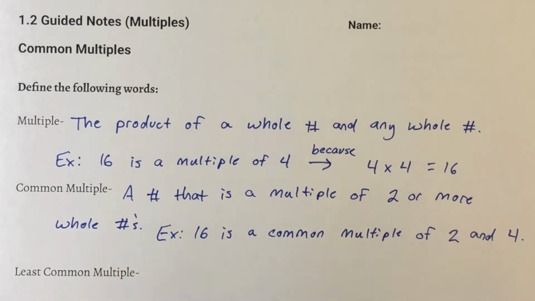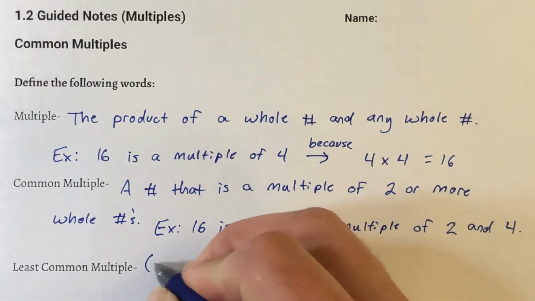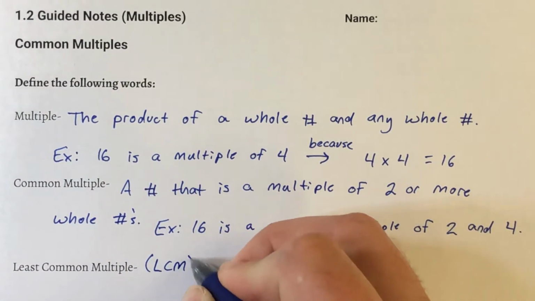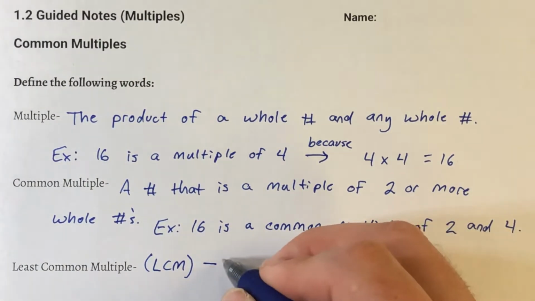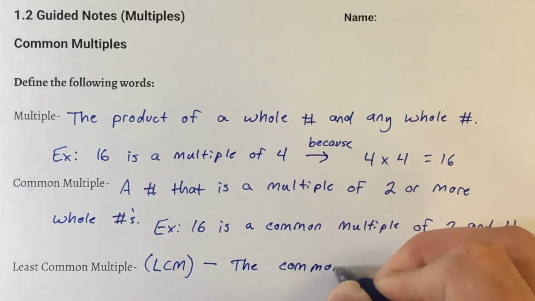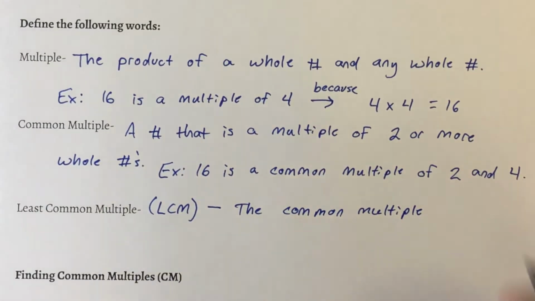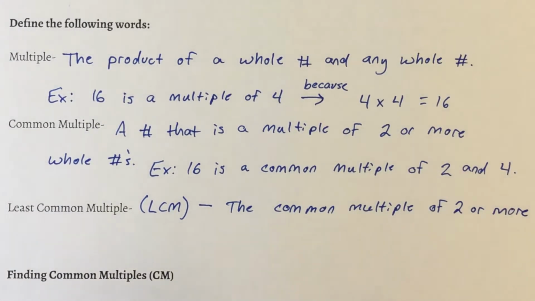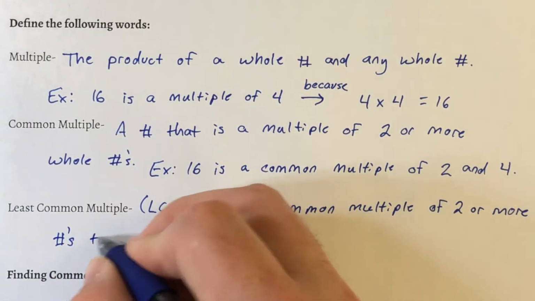Our last term, which is the focus of the other part of this lesson, is least common multiple. Least common multiple is often referred to as LCM for short, and the least common multiple is simply the common multiple of 2 or more numbers that has the least value.